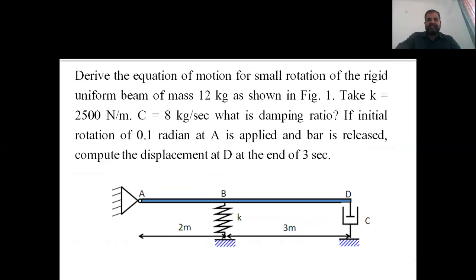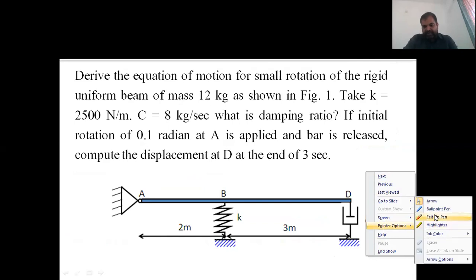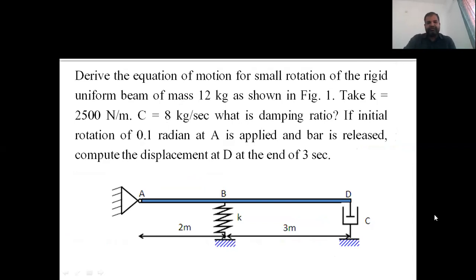Now let us see an example based upon this, so that you will understand how to actually use those things. Derive the equation of motion for small rotation of a rigid uniform bar of mass 12 kg as shown in the figure.